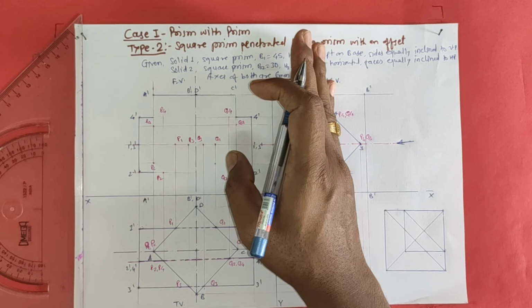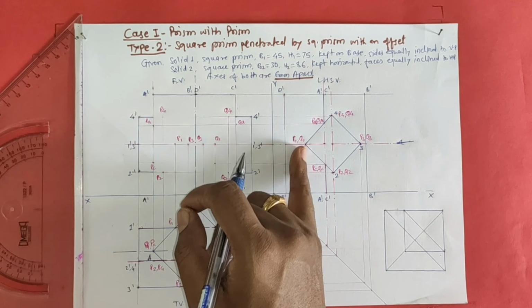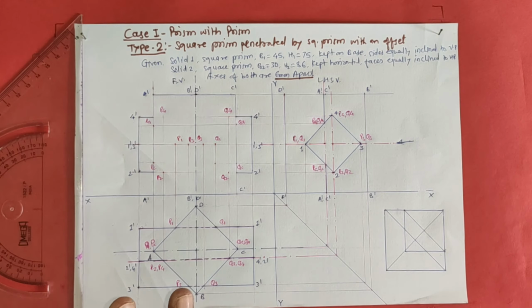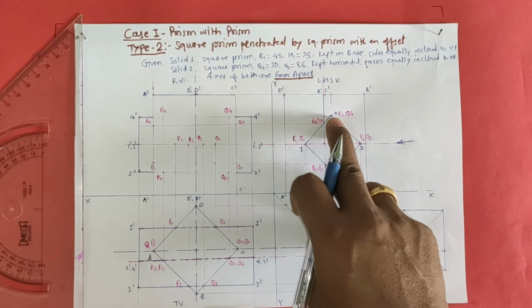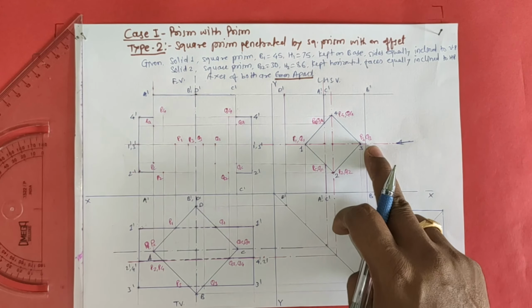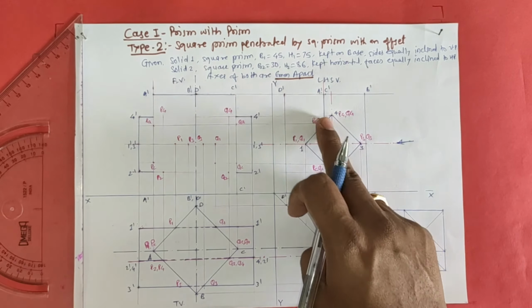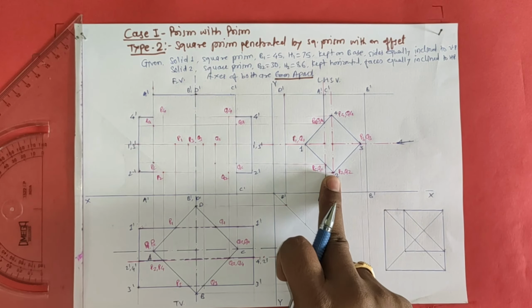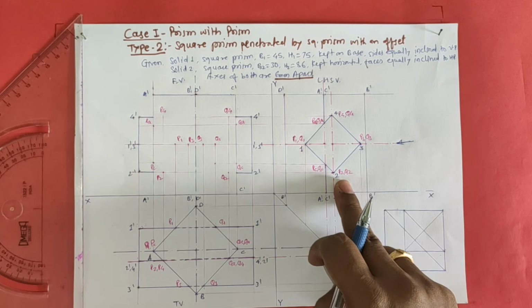Behind this top and bottom point, that is the 4 and 2 points, whatever points are there, you are not going to see them. So what are the visible points? P4 Q4 are visible, P3 Q3 visible, P2 Q2 visible. So join P4, P3 and P2 as dark lines, similarly Q4, Q3 and Q2 as dark lines.